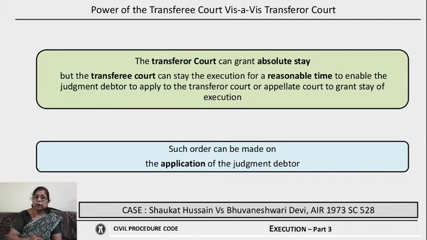The Supreme Court upheld the order of the High Court saying that the transferee court does not have a complete power to grant the stay of execution. It is only for the purpose of enabling the judgment debtor to apply to the transferor court, because the court which passed the decree only has a power to stay on the grounds of this particular reason.